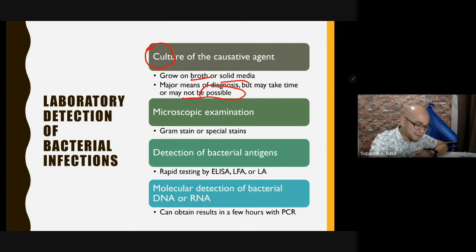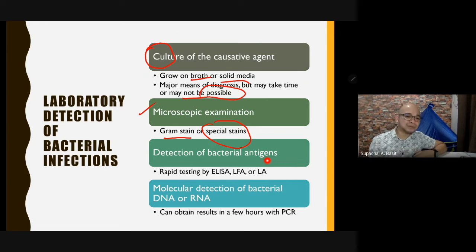Okay. So microscopic examination is another possibility for diagnosis, but it is not really confirmatory or specific. Here, we can determine whether the infection is caused by gram-positive or gram-negative bacteria, or we can determine special structures of the bacteria by means of special stains, such as the stain for metachromatic granules, the stain for spores, or the stain for capsule.